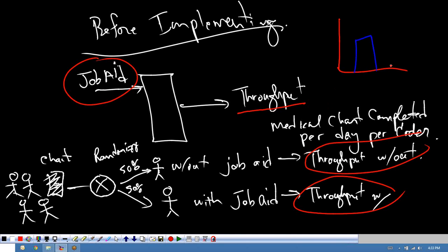So if our means chart looked like this, the throughput with was this one, this is with, and the throughput without was here. And we had our handy dandy confidence intervals here. It looks like we'd have a winner, and so we'd keep the change. And we could be pretty sure that it was the job aid that caused the difference in throughput, which is different than what we've seen before.